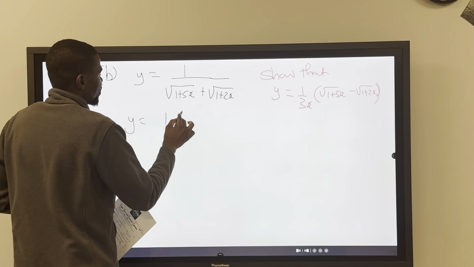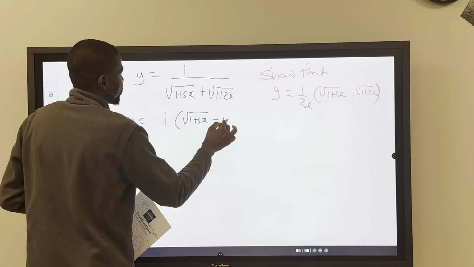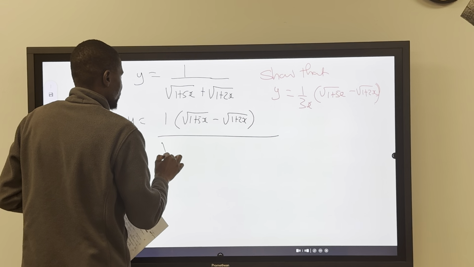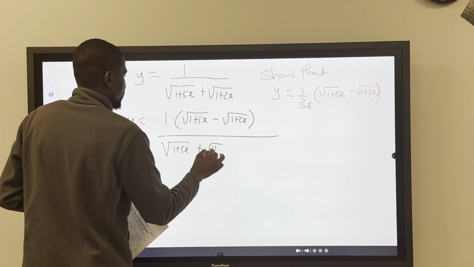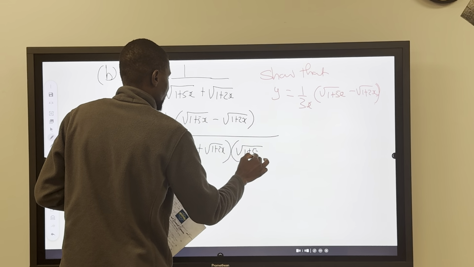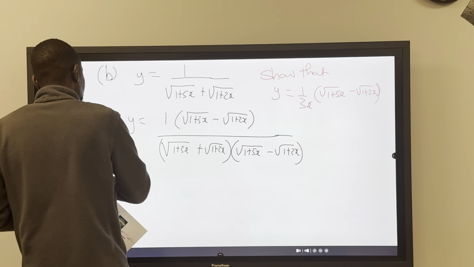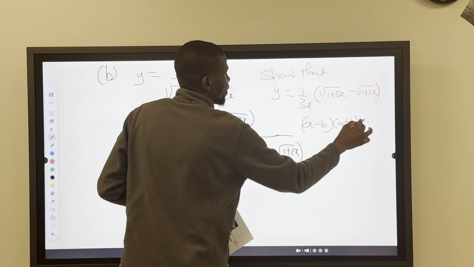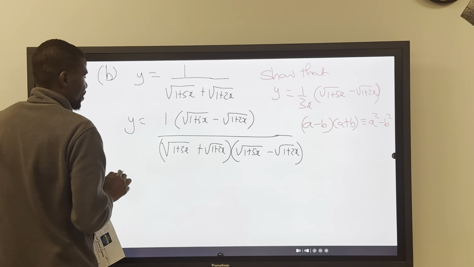So here it's going to be square root of 1 plus 5x minus square root of 1 plus 2x, over 1 plus 5x plus 1 plus 2x, then 1 plus 5x minus 1 plus 2x, right? So remember guys, a minus b, a plus b is identical to a squared minus b squared, right?